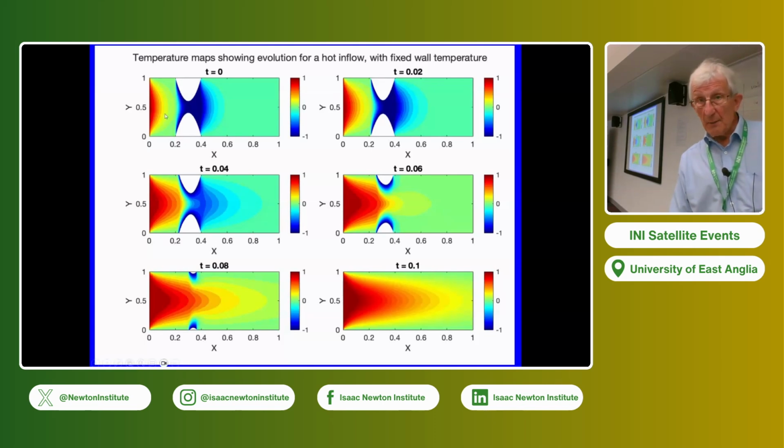And then you can see as time goes on, the warm effect gradually comes along, and the ice starts to melt. The blue is pushed away, close to the surface of the ice, and the ice continues melting, and it's all over in a scale time of 0.1. So at this stage, the flow and temperatures are in their steady states.